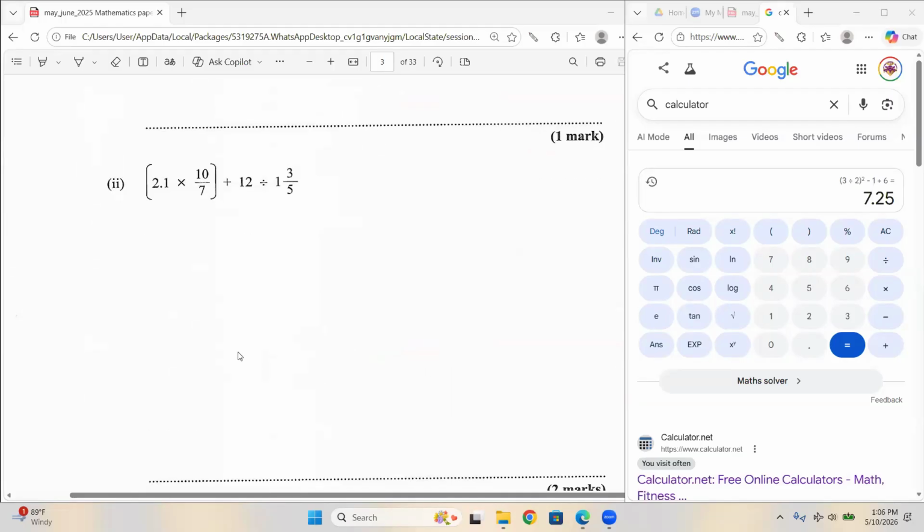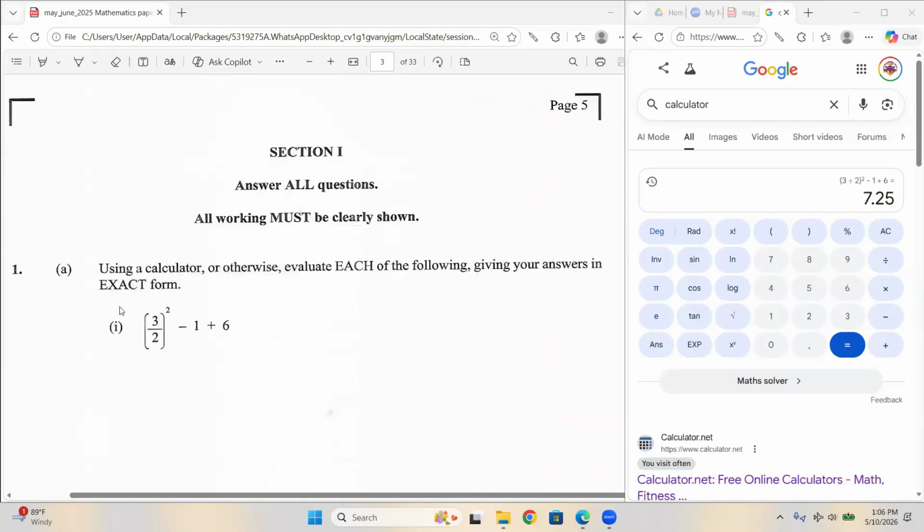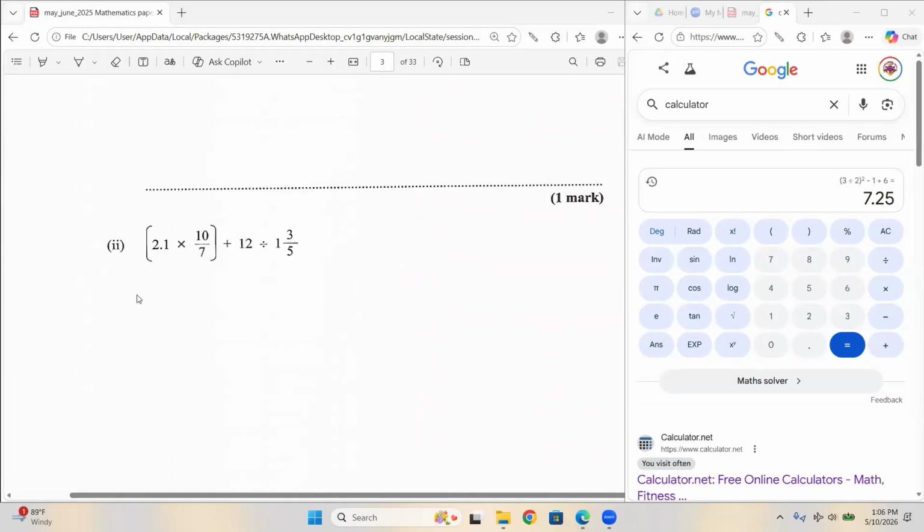All right, so we have here, we can do this in the calculator as well, but I think the same instruction, exact form. So going in the calculator, I'll put open brackets 2.1 multiply by, okay, we have to be careful because it's a fraction. So I'll put another bracket. I'm also bracketing off this.